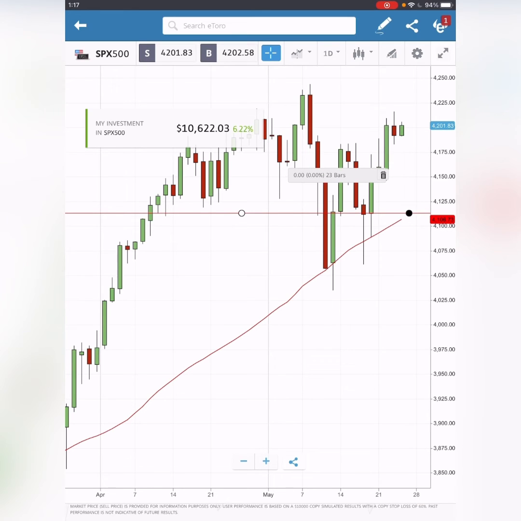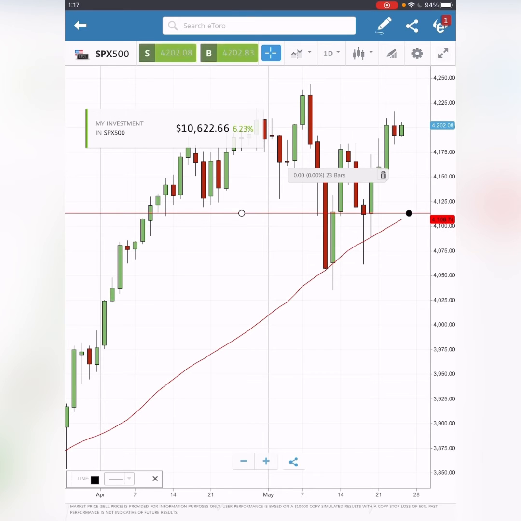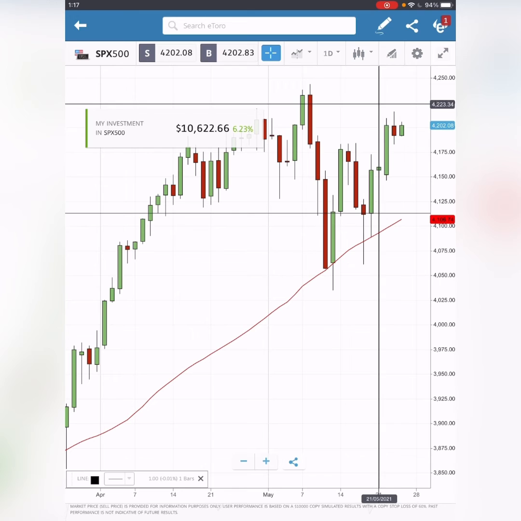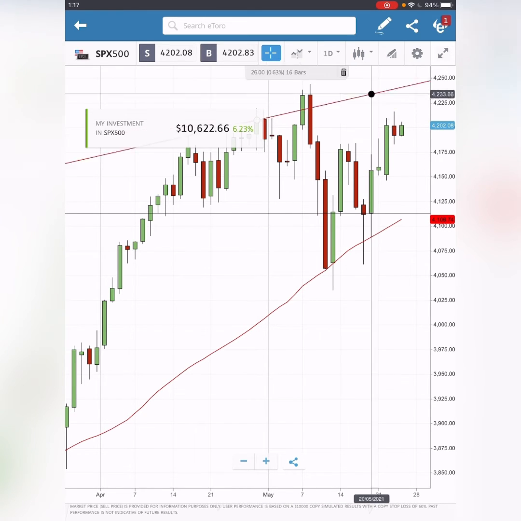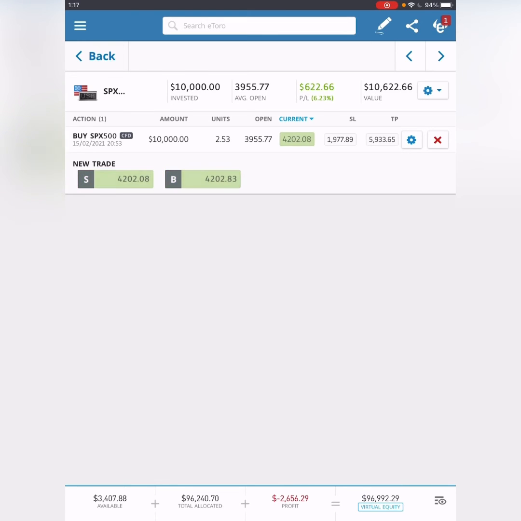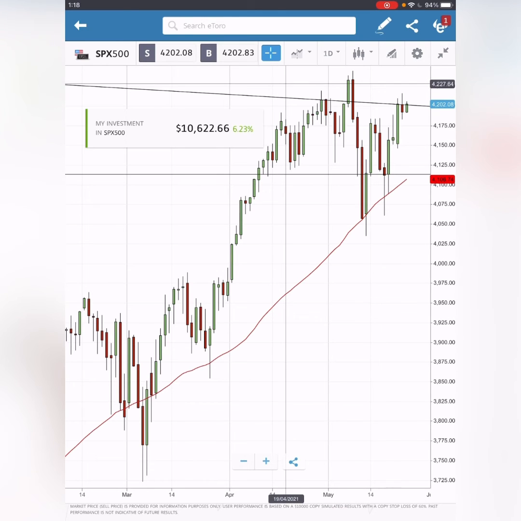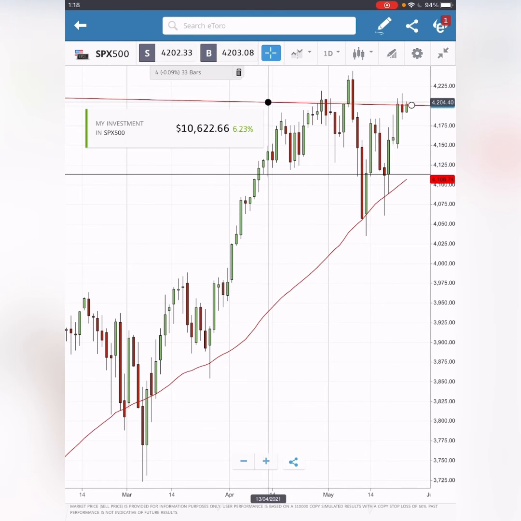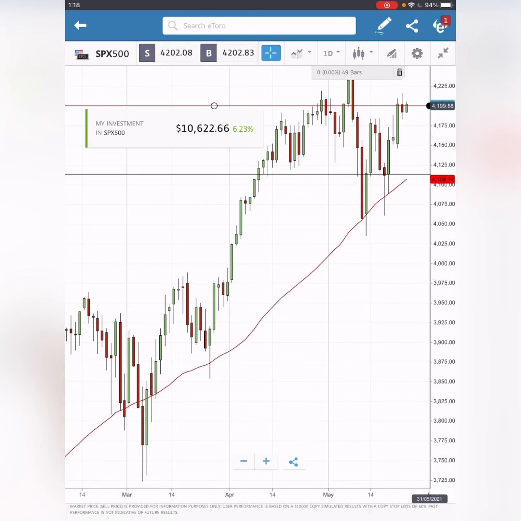Okay, so that's my support. Let's draw another line. Let's put our level of resistance. Oh, sorry, go back to the chart. Where is my line? There you go. So this is my level of resistance.